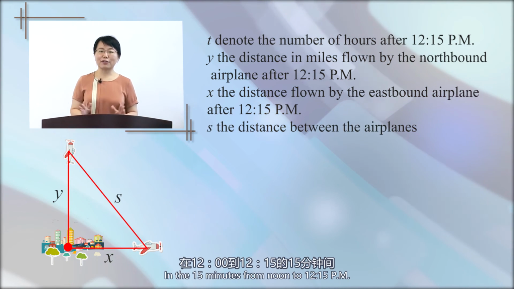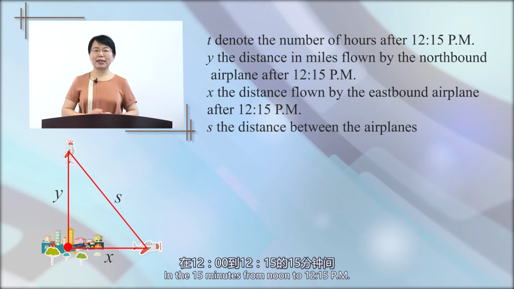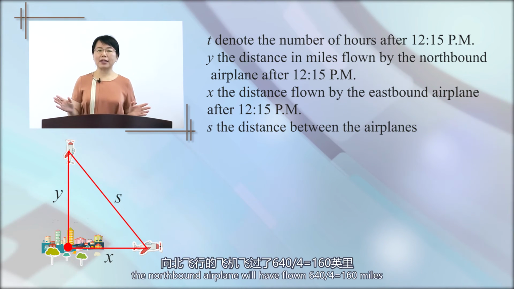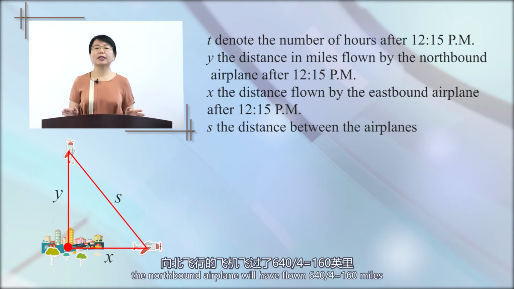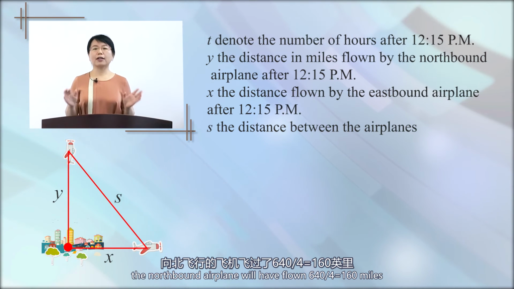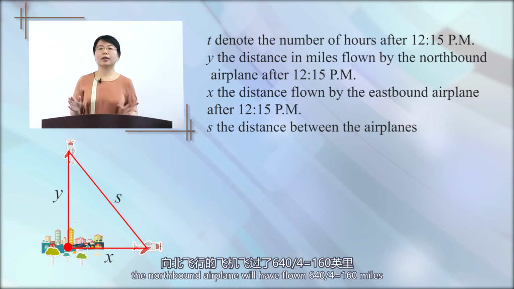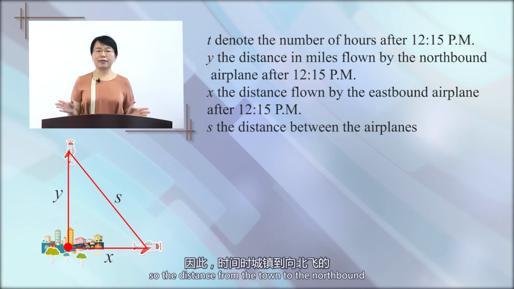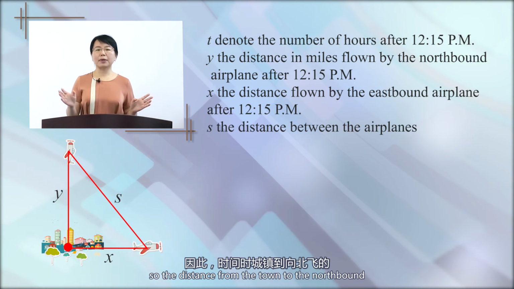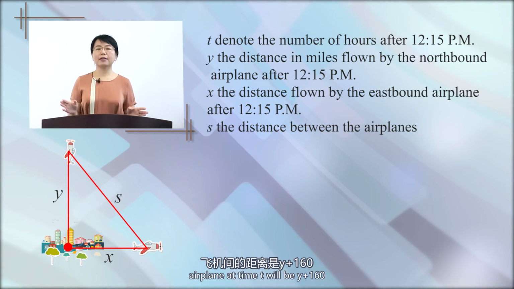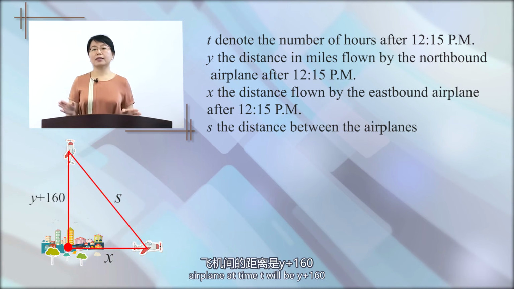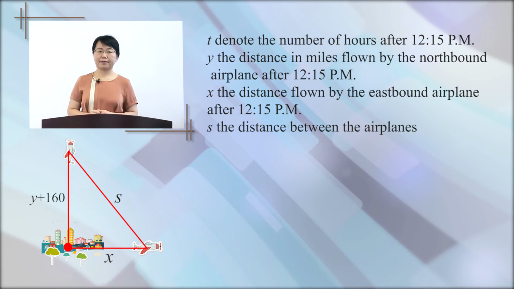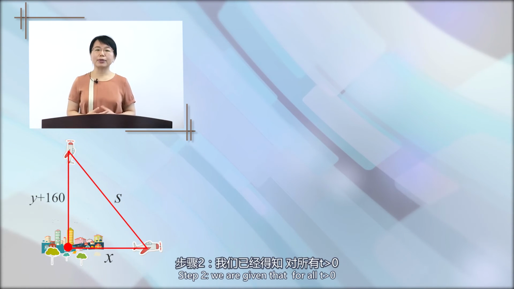In the 15 minutes from noon to 12:15 p.m., the northbound airplane will have flown 640 over 4, which is 160 miles. So the distance from the town to the northbound airplane at time t will be y plus 160. Step 2.